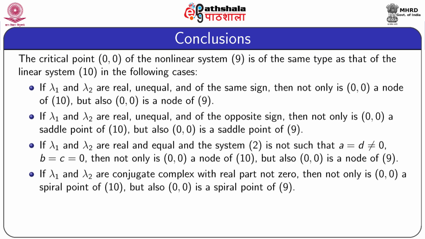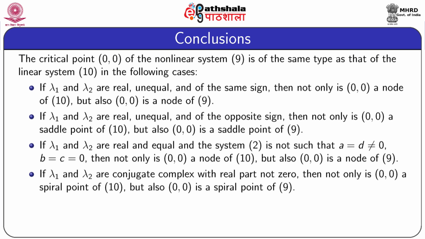And the final point: if lambda 1 and lambda 2 are complex conjugates with non-zero real part, then not only is (0,0) a spiral point of the linear system 10, but also a spiral point of the nonlinear system 9. If the real part is negative, we get a stable focus or stable spiral point, and if the real part is positive, we get an unstable focus.